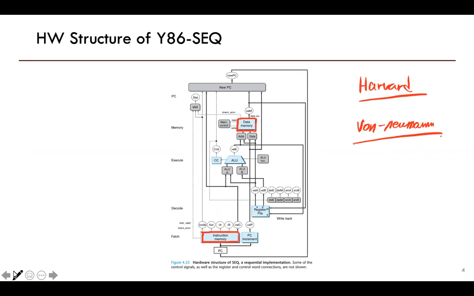But in this Y86 sequential processor, we use Harvard style because it is simpler to implement. So when you follow this structure, you think about how to make binary files. Then you should have two different binary files, one for the machine code and the other for the data.